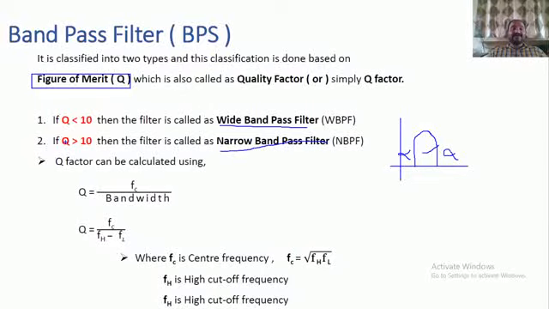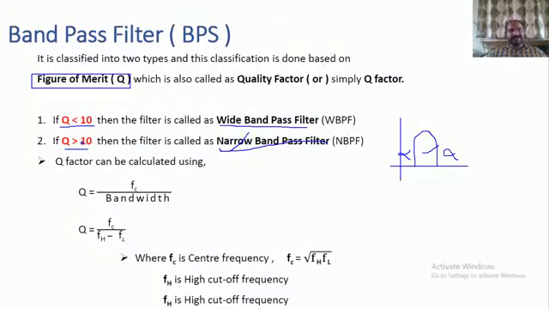If the Q value of the band pass filter is greater than 10, then it is called a narrow band pass filter.